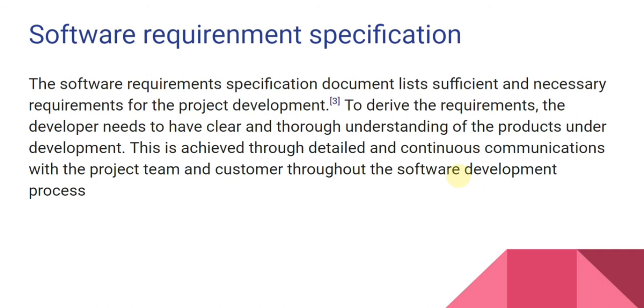In the SRS, we specify that the system will provide this functionality and is meant for these kinds of actions to be performed. So the SRS lists out the requirements, and we specify the system specifically for the given operations.